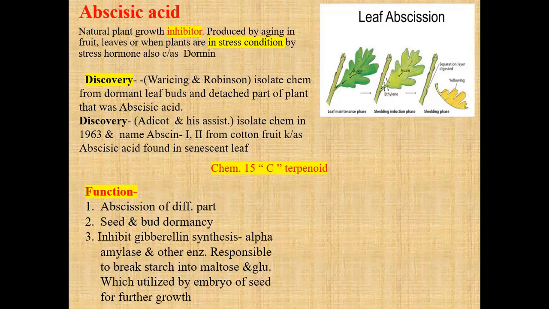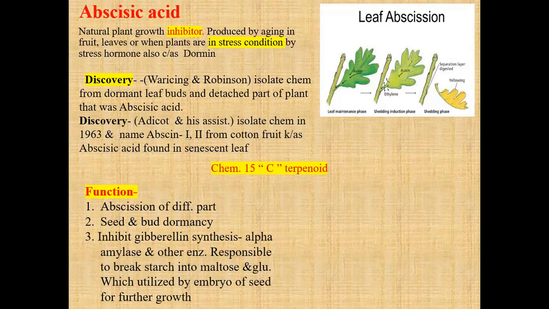Gibberellin causes the production of alpha amylase and other hydrolase enzymes, which break down starch, a polysaccharide, into maltose and glucose. The energy released is utilized for the development of the embryo in the seeds as well as the bud.